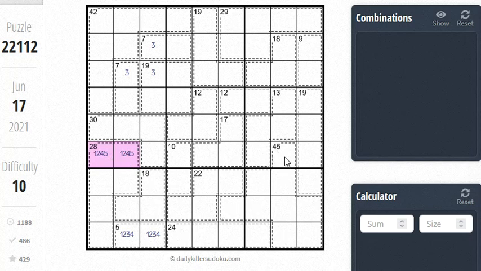This 45 square is interesting too, because any value that's in this square will be in this square, and any value that's in this square will be in this square. So that's something to keep in mind. Because when you have this kind of pattern, if this is a 1, then you have to have another 1.